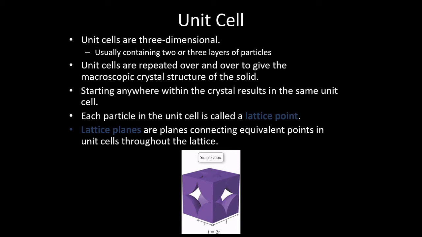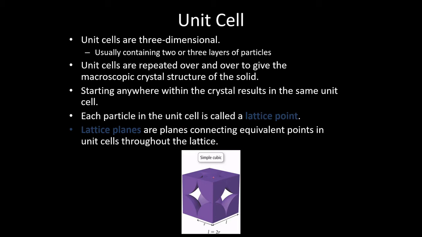So unit cells are made up of what we call lattice points and lattice planes, and every particle that exists in that unit cell exists at one of these lattice points. Or conversely, you could say that either the particles are at the lattice points or the lattice points are at the particles. It doesn't really matter which way you say it.